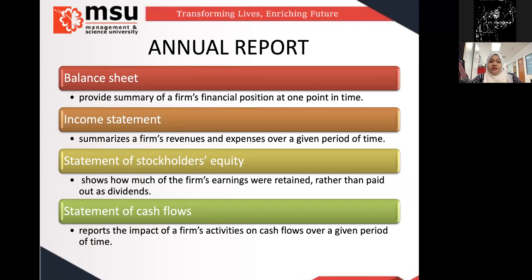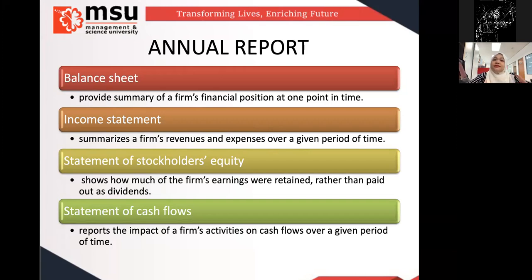The first one is the balance sheet. The purpose of the balance sheet is to provide a summary of the firm's financial position. The balance sheet is also known as the statement of financial position.